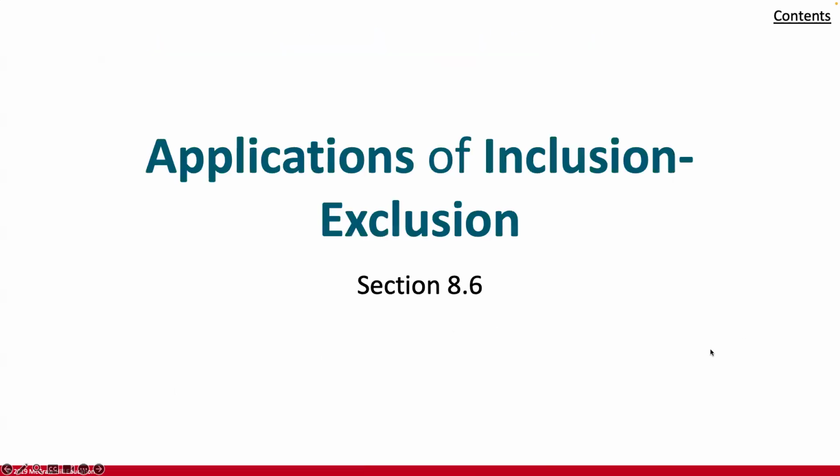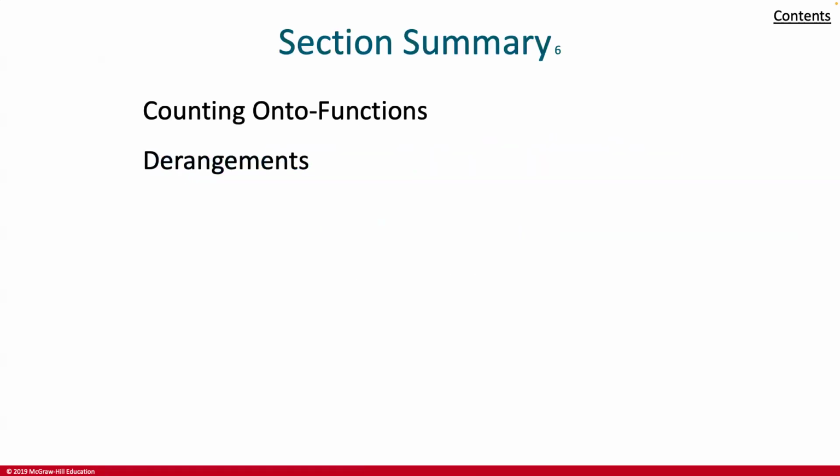I'm going to go ahead and then move on to the applications of inclusion and exclusion, and we'll finish up that section that way. So many counting problems can be solved using the principle of inclusion and exclusion. For example, we can use the principle to find the number of primes less than a positive integer. Many problems can be solved by counting the number of onto functions from one finite set to another.